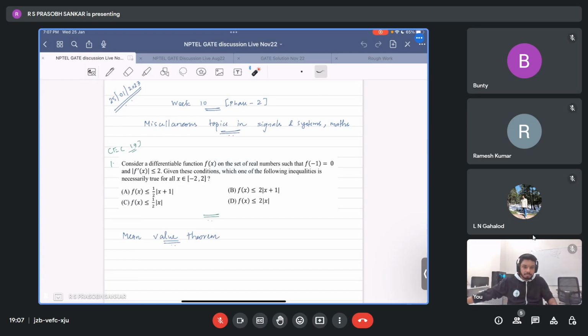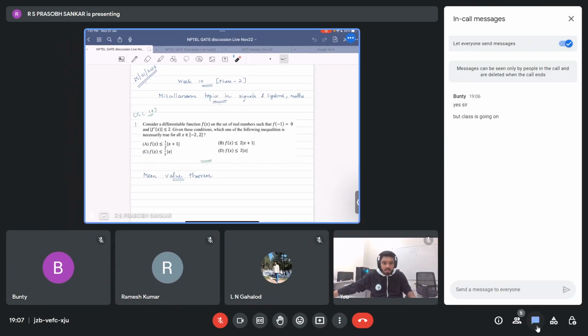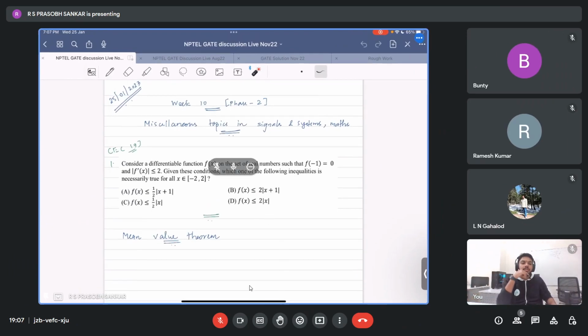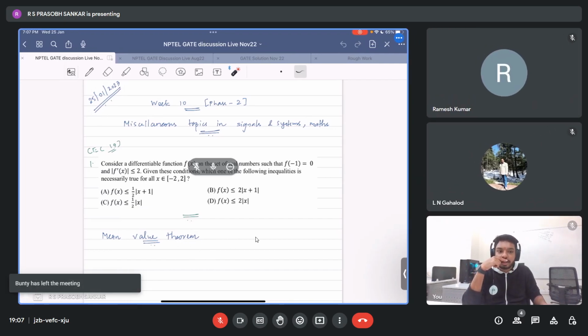Sunday, no? EC GATE. So mostly we'll only have class this session. Next Monday and Tuesday classes are there, but next Wednesday's class I don't think it's there. I'm not very sure.